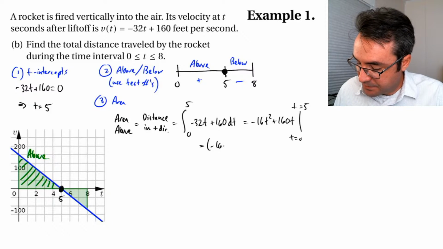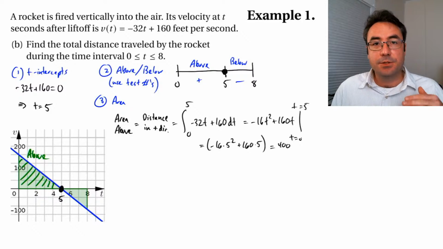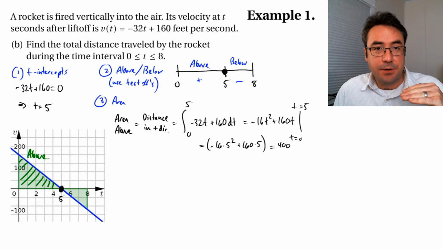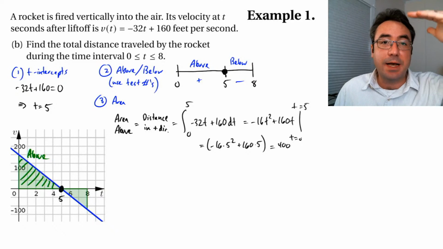Let's plug in negative 16 times 5 squared plus 160 times 5, which ends up being 400. So from time 0 to time 5, we've traveled 400 feet in the positive direction.